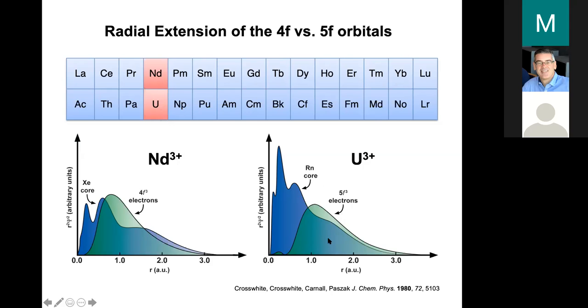In this case, because of that larger principal quantum number for 5f, we can now have some slight extension of the f orbitals past the core electron density. And that means actinide elements, depending very much on their oxidation state, have a greater possibility of having covalent orbital interactions with their surrounding atoms and ligands.